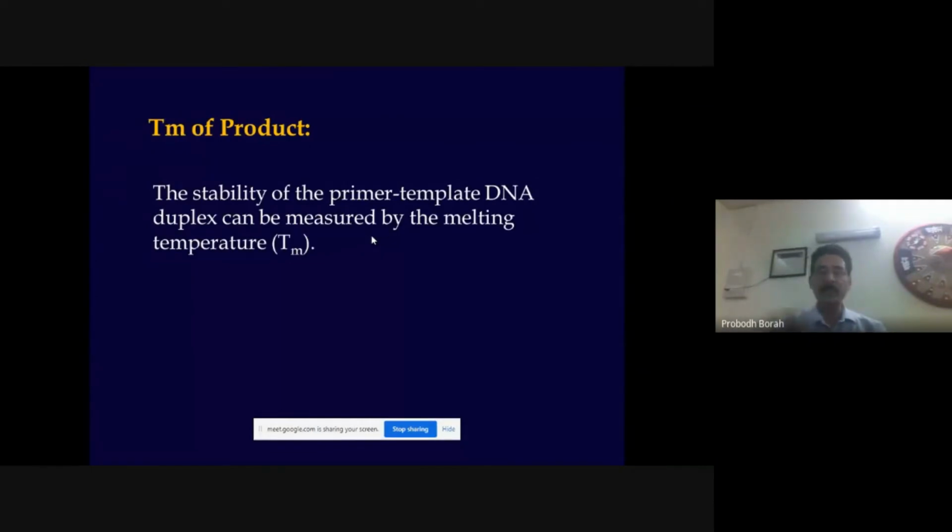So this variability in range is because of this complexity. The more complex the length of the product, as well as the more GC content, the higher the temperature requirement for denaturation, and or more time will be required for denaturation. So that has to be adjusted accordingly.